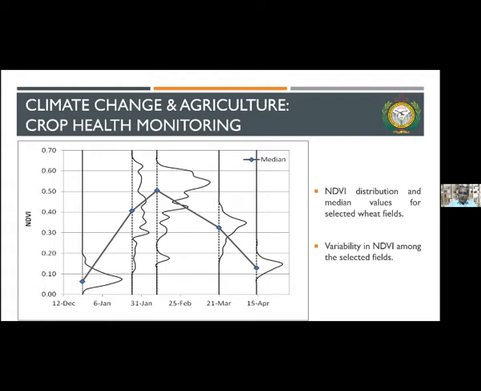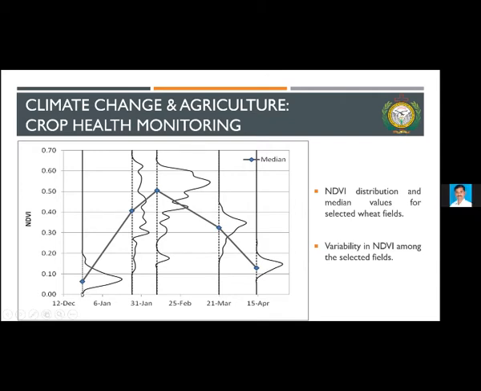The good thing about geospatial analysis is that you can extract the data from these satellite images. So I used like 100 wheat fields and I extracted their average NDVI value. And I have put it on this graph. So these trends are the average NDVI values of 100 fields, on each month.